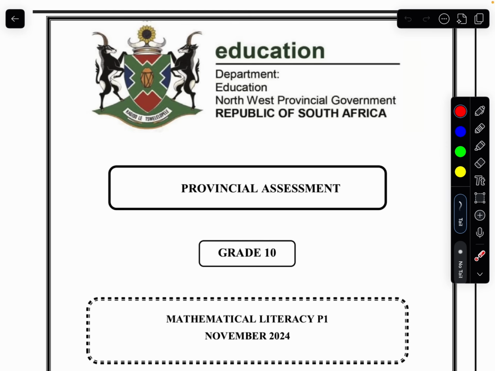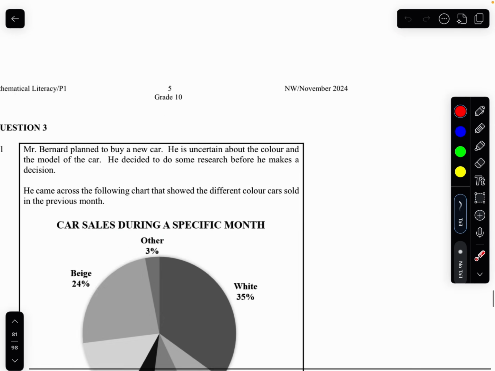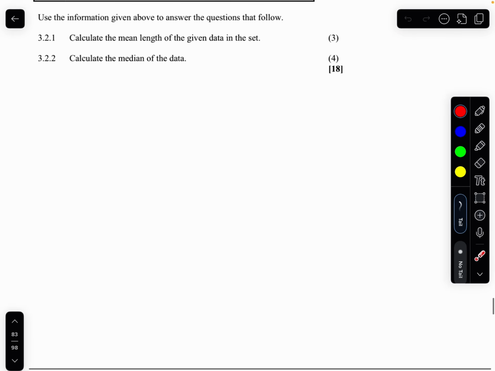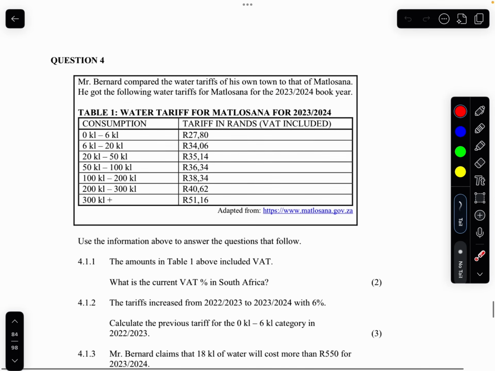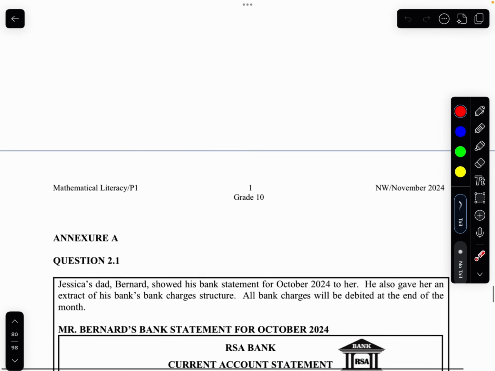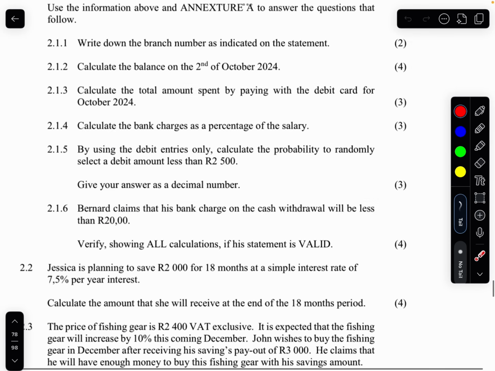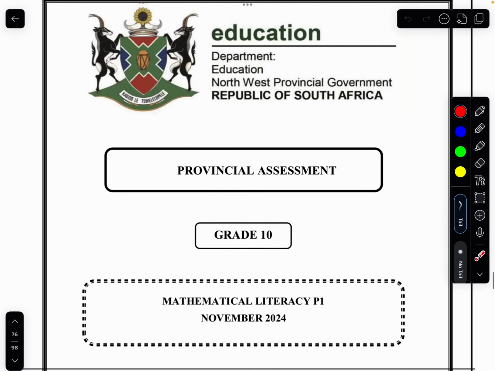And it has the tariffs as well, so the financial document, which is the tariff. So in all paper 1's for grade 10, it's going to have that.